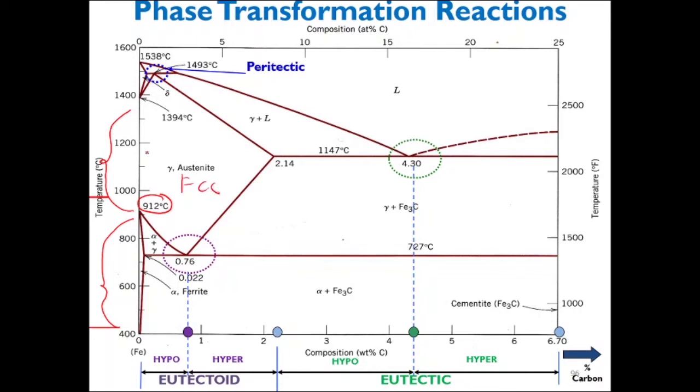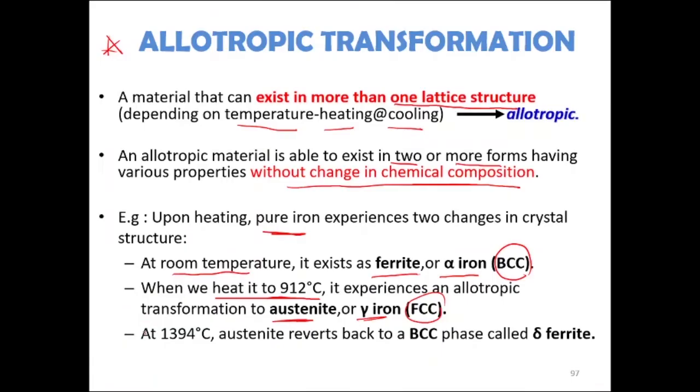The change of lattice structure does not affect the chemical composition. It still remains as 100% iron and 0% carbon. Only the lattice structure changes due to the heating process. The heating goes up more than 912 degrees Celsius.